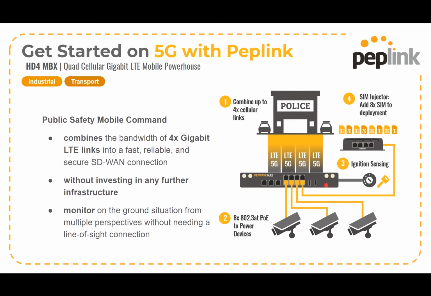The HD4 MBX has a built-in PoE switch, so you can power up CCTV cameras or additional video devices that you may need for surveillance or monitoring, or just to advance your situational awareness for the team. I will tell you right now, this also has built-in Wi-Fi.